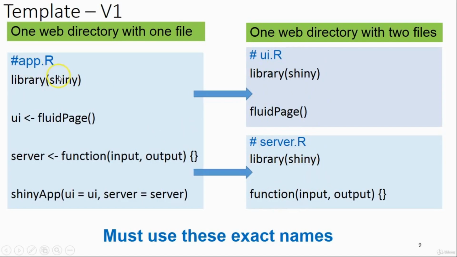If you are using one file, then you can have something like this. Here, this is your UI part, this is your server part, and you are calling this shinyApp. That's all. So this is the way it really works. And make sure you use exactly the same names, app.R or ui.R and server.R. You are not supposed to change the naming convention.